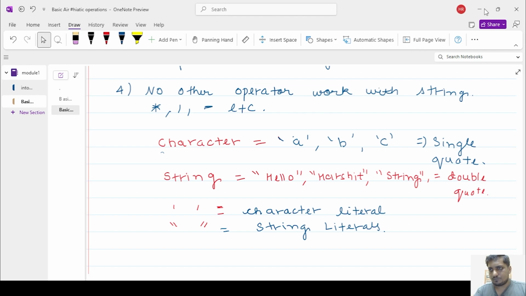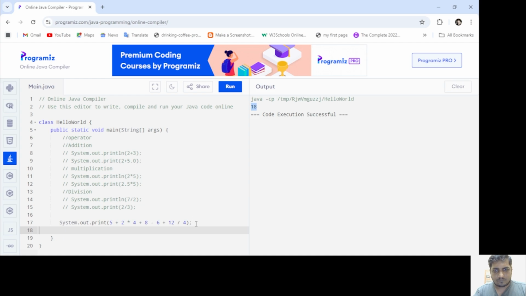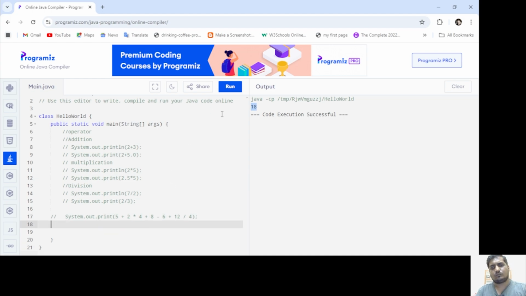Now we'll see in the terminal how it is performed. We talk about concatenation.